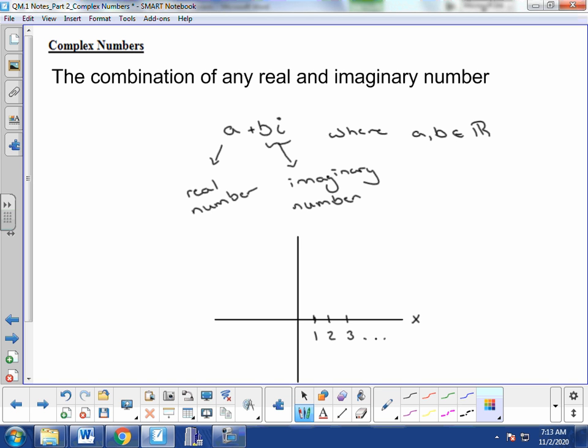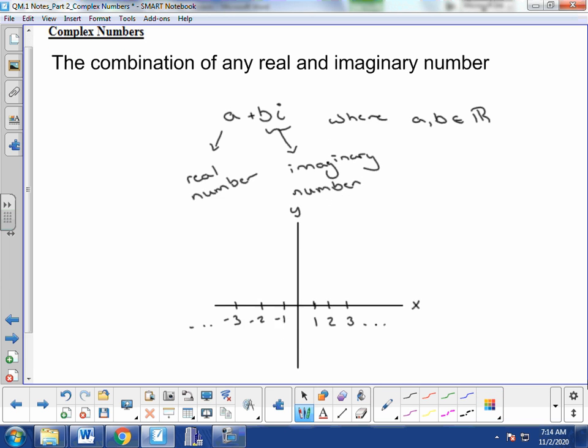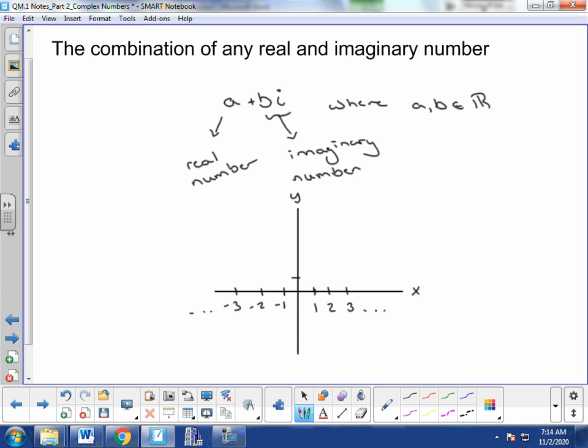On the x-axis, we have real numbers: 1, 2, 3 to positive infinity, and -1, -2, -3 to negative infinity going to the left. On the y-axis, we actually have imaginary numbers: i, 2i, 3i, going up to infinity. And then down below the x-axis, on the y-axis, we'd have -i, -2i, -3i, and so on and so forth.